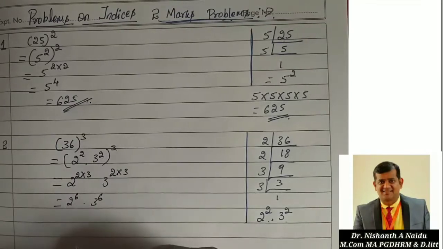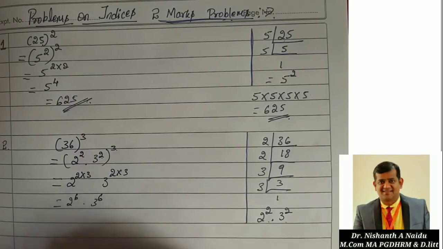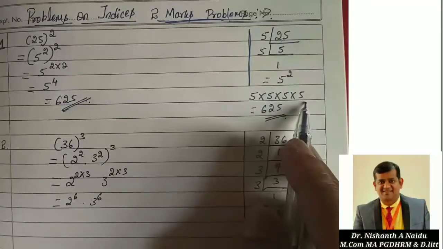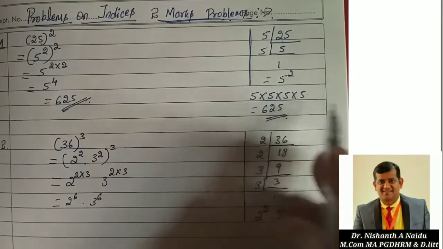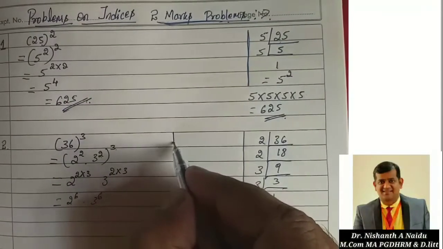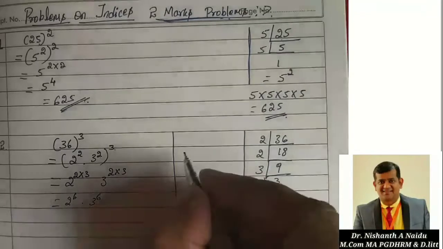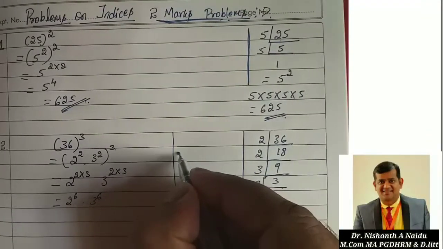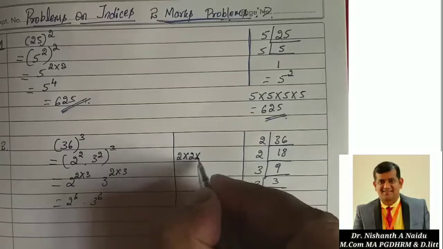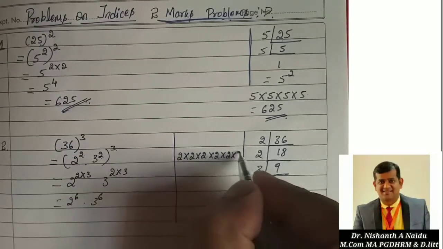Okay, so now you have got 2 to the power of 6 and 3 to the power of 6. So now this you have to multiply. You can multiply like this, or you can use a calculator to get a direct derivation. To make you understand, only for this problem I am doing it again. 2 to the power of 6, that means multiply 2 into 6 times. 1 2 3 4 5 and 6.